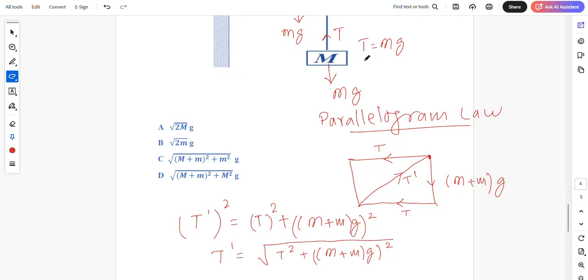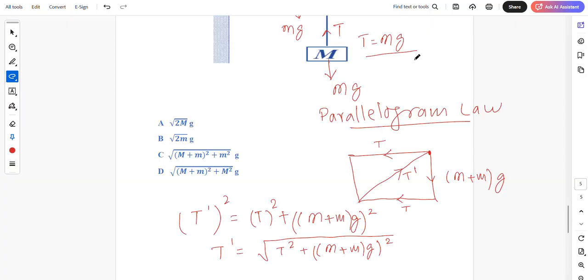What is T? T is given by Mg. Therefore, I can write this as the square root of Mg the whole square plus capital M plus small m g the whole square.